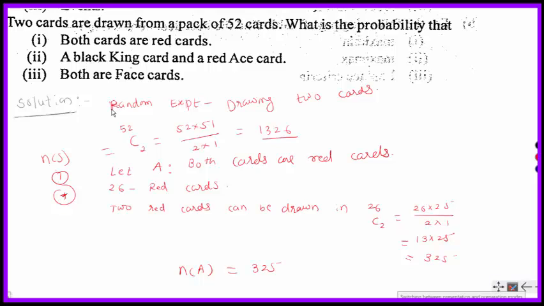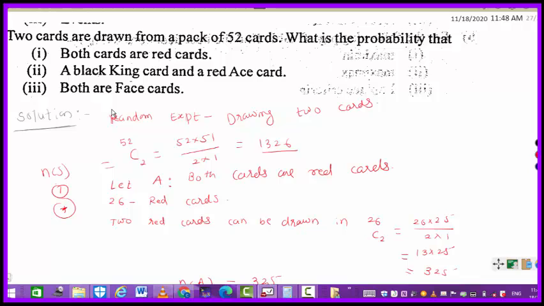Therefore P of A is equal to N of A divided by N of S. Same formula. So N of A is 325 divided by 1326.